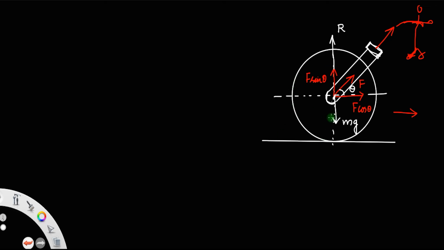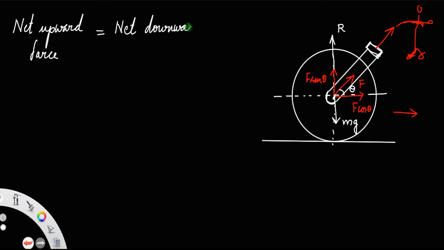So here, if you consider the vertical equilibrium of the roller, we have net upward force equal to net downward force. So what is the net upward force?